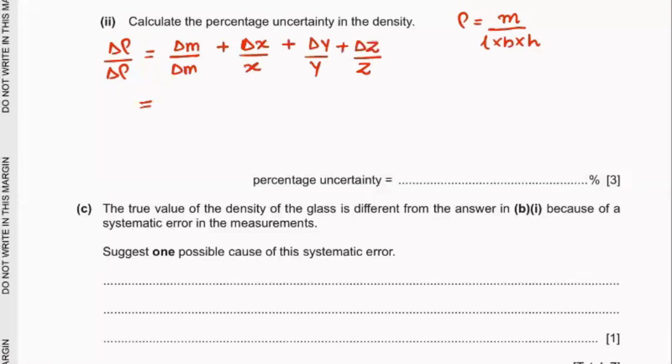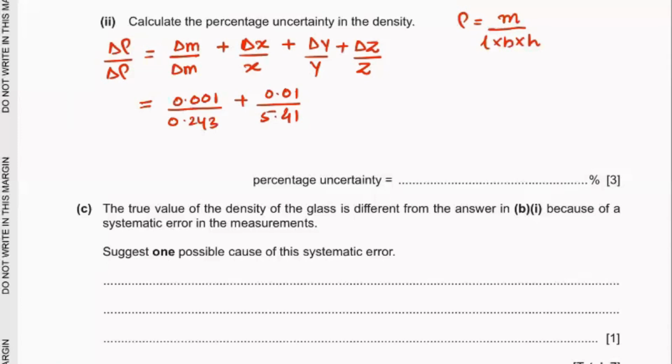The absolute uncertainty of mass was given as 0.001. The actual value was 0.243, plus I'm simply putting the values as given in the table, 0.01 over the length 5.41. As you can see, I'm not converting the values into meters since we are finding the fractional uncertainty. When we are dealing with fractions, there is no need to convert the values.